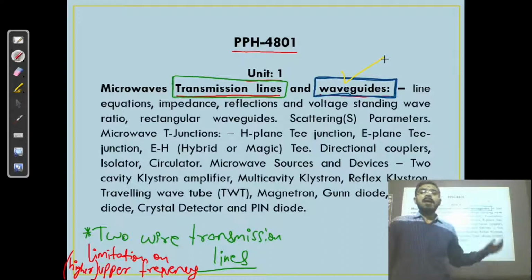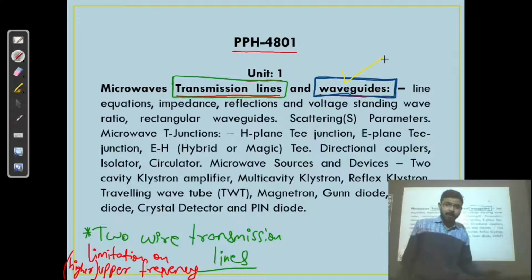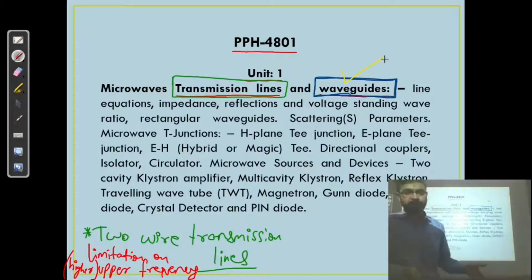Waveguides were invented and are used because they have more capability to handle more power at higher frequencies. Waveguides can handle more power as compared to transmission lines and can also handle higher frequencies.